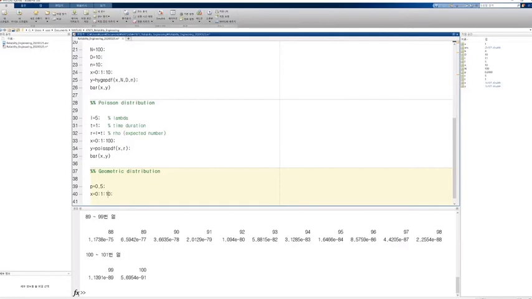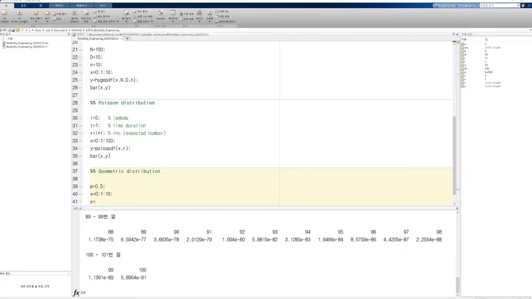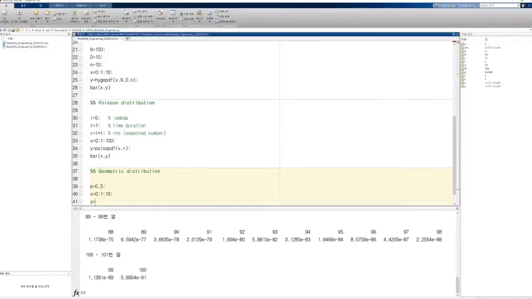Of course, this can be much bigger numbers. Then y would be geometric distribution, and the function for geometric distribution is geo.pdf.